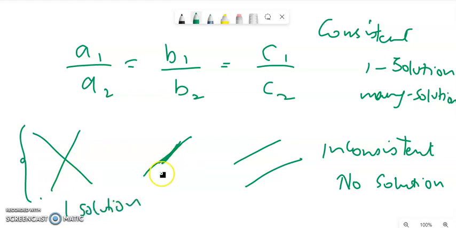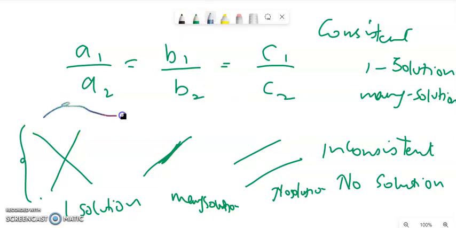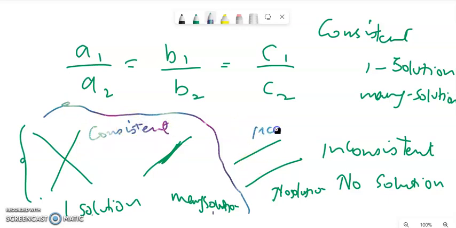In case of coincident, we get many solutions. In case of parallel, we have no solution. In both the cases, whether it is one solution or many solutions, we say it is consistent. And here, with no solution, it is inconsistent.